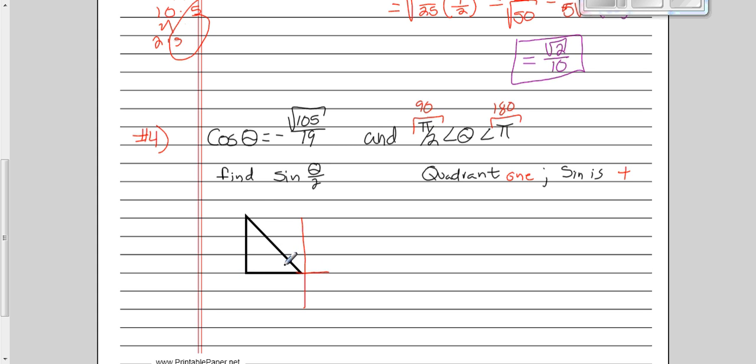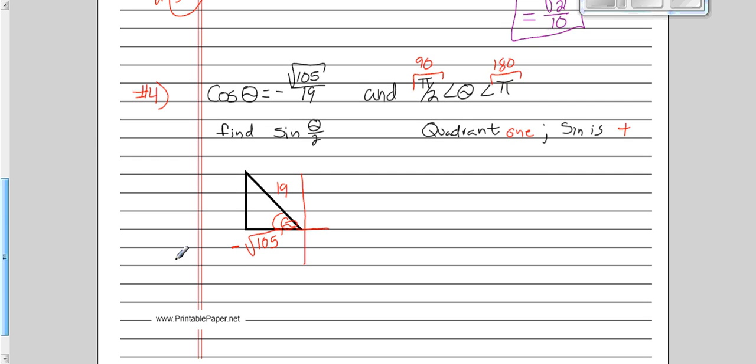Okay, quadrant 2, and this is going to be angle theta. Okay, and this is cosine, which means this is adjacent, and 19 is the hypotenuse, and the square root of 105 is negative because the x value is going left, so it's a negative. That's important not to forget there.